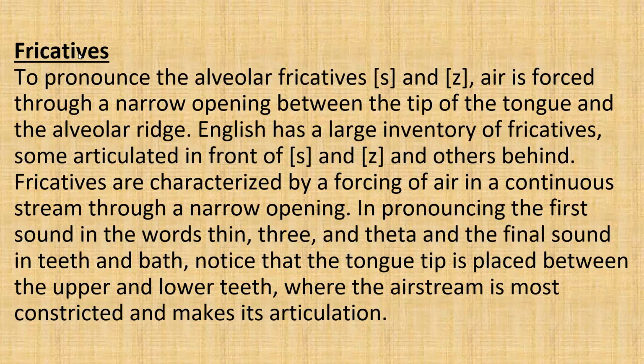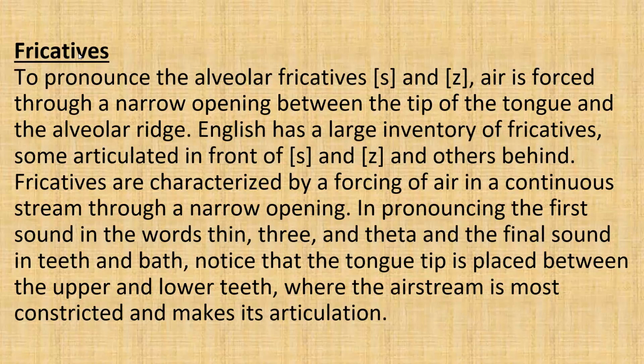In pronouncing the first sound in the words thin, three, theta, and the final sound in teeth and bath, notice that the tongue tip is placed between the upper and lower teeth, where the air stream is most constricted and makes its articulation.